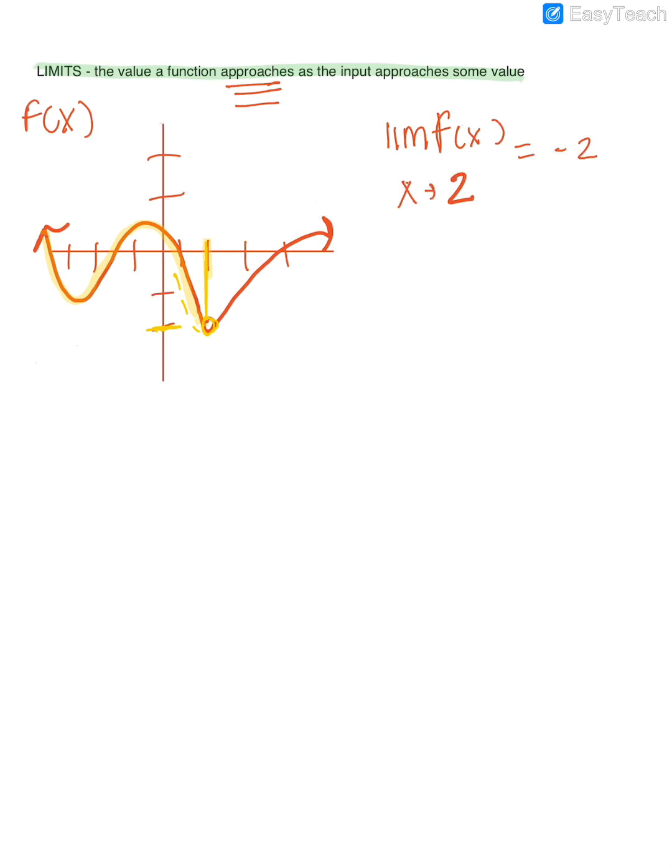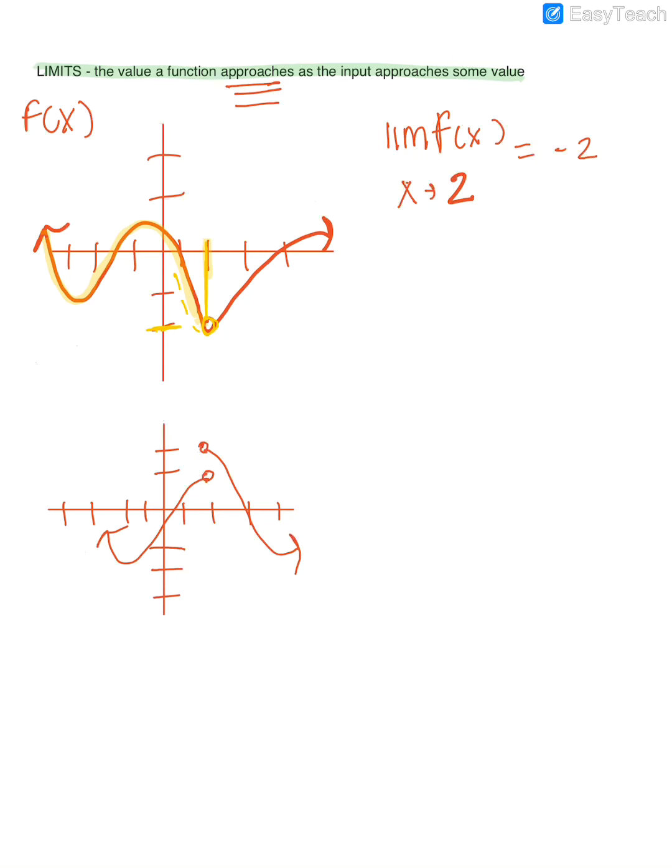So let me draw out another graph. I'm going to do the same thing. 1, 2, 3, 4. 1, 2, 3, 4. Then 1, 2, 1, 2, 3. And that is in fact an open circle.